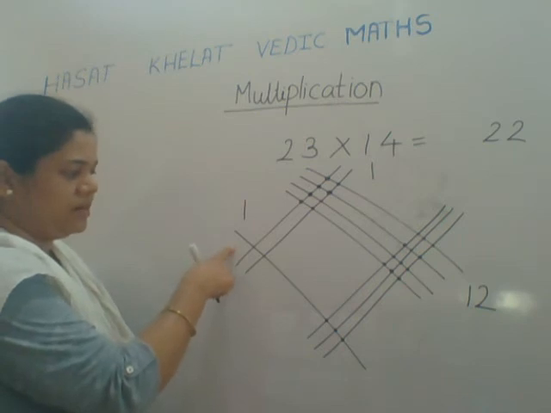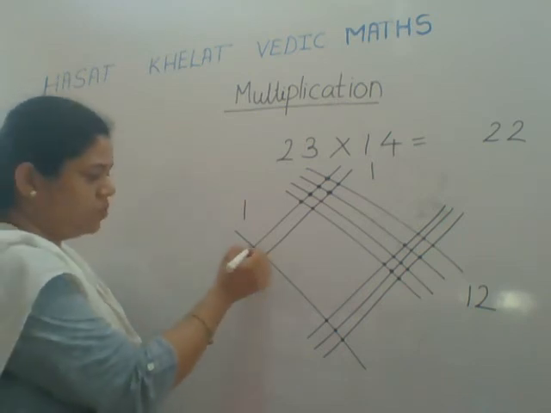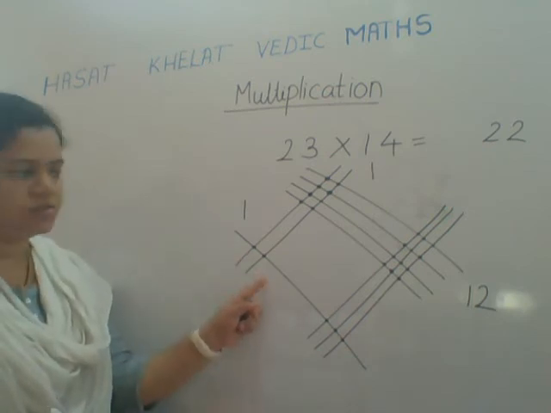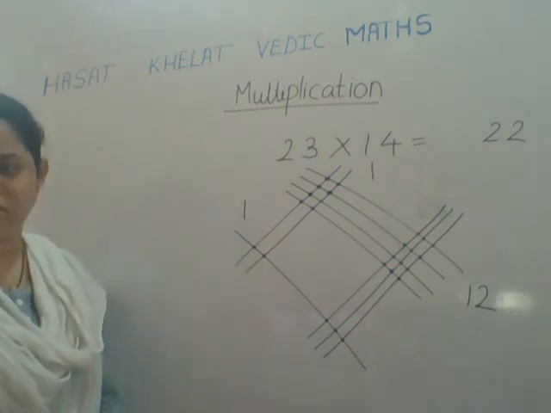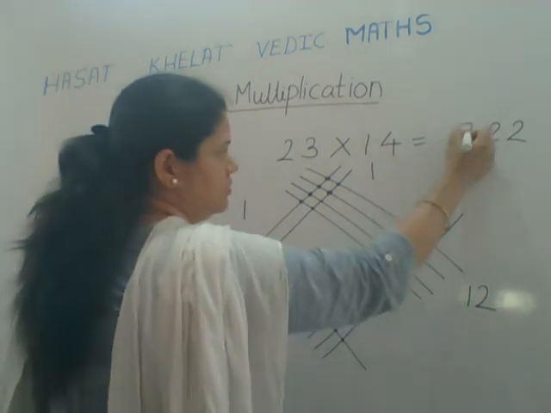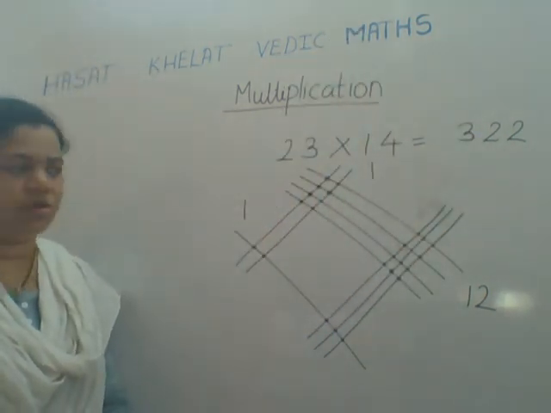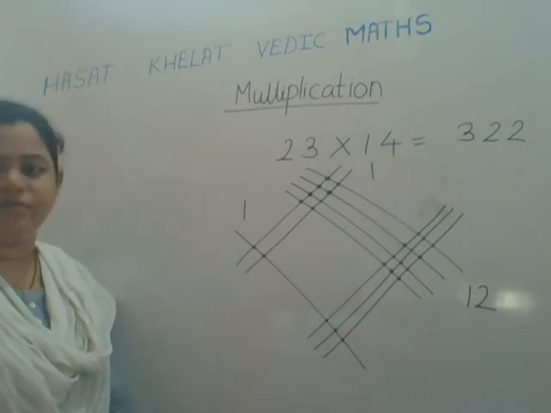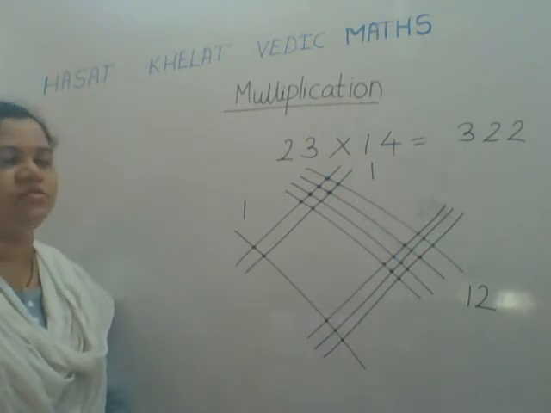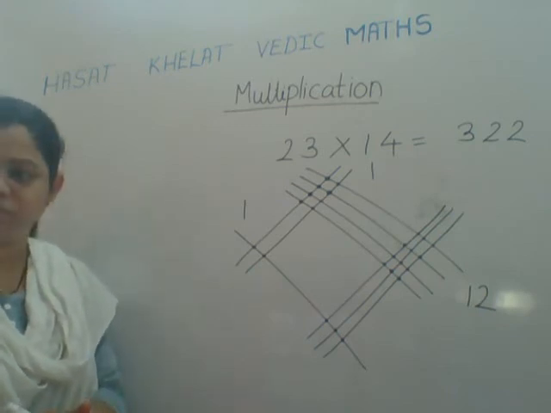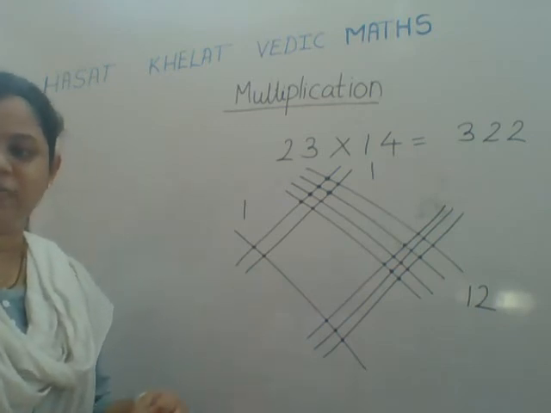On the left hand side, how many intersection points? 1 and 2. 2 intersection points. 2 plus 1, how much? 3. So this is the answer: 322. 23 multiplied by 14 equals 322. Is the method clear now?